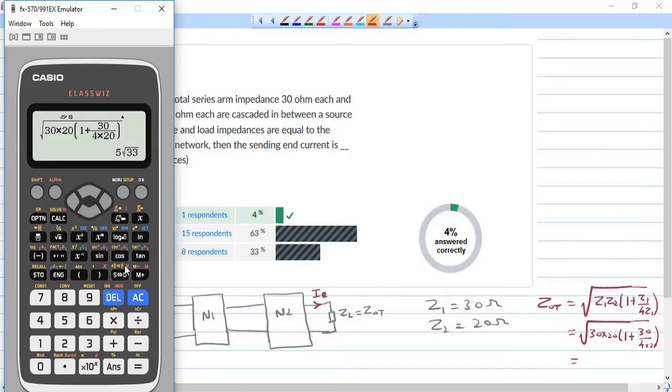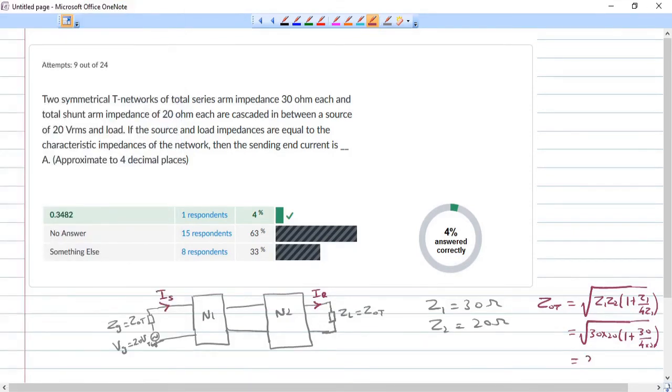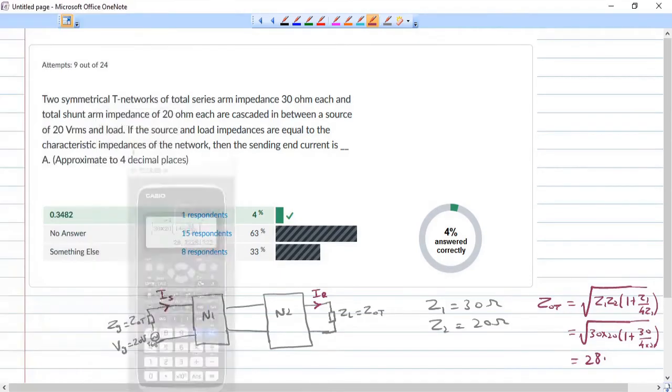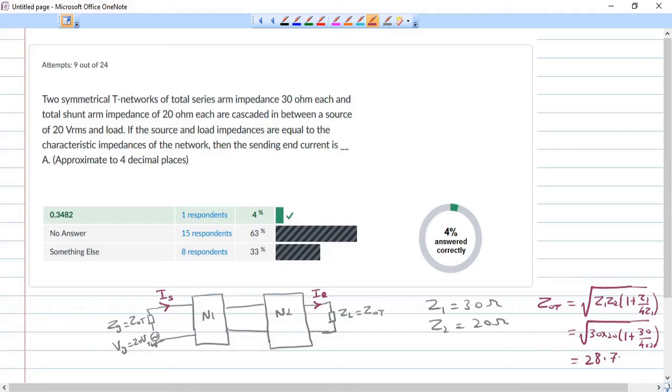That is equal to 28.723 ohm. Now we have Z0T equal to 28.723 ohm.